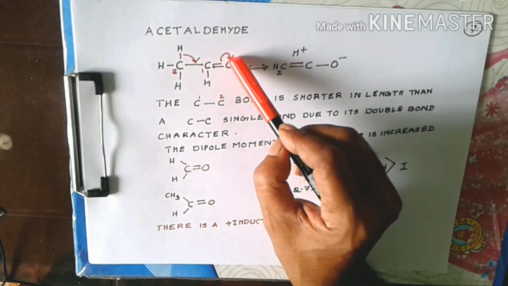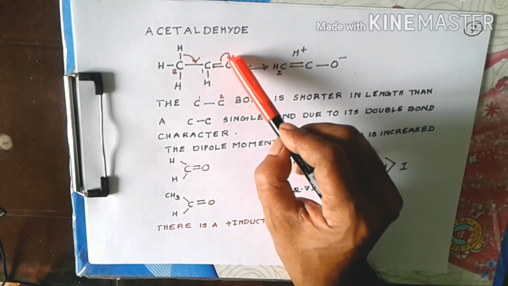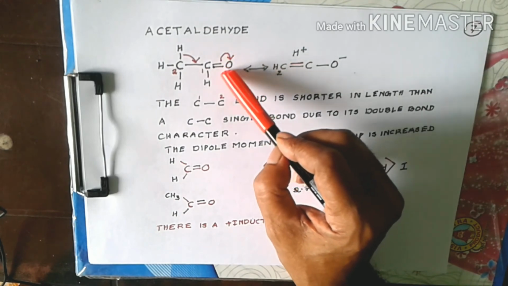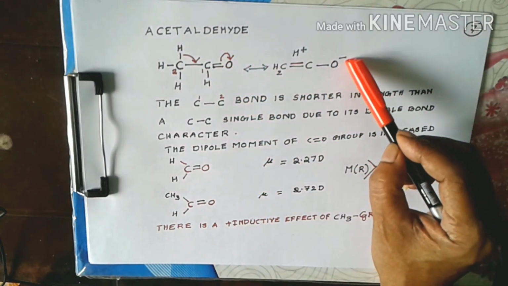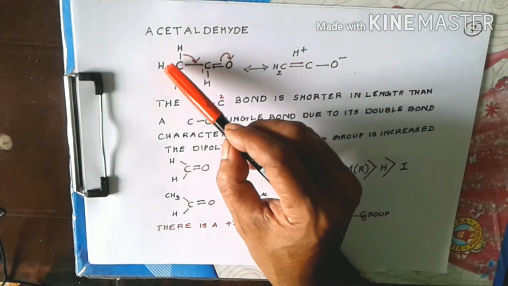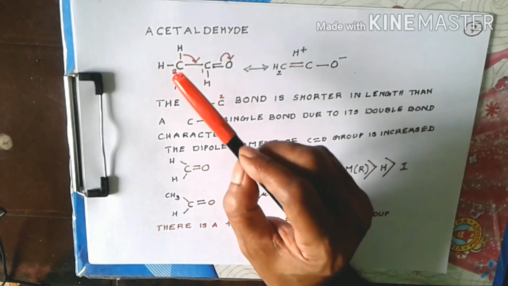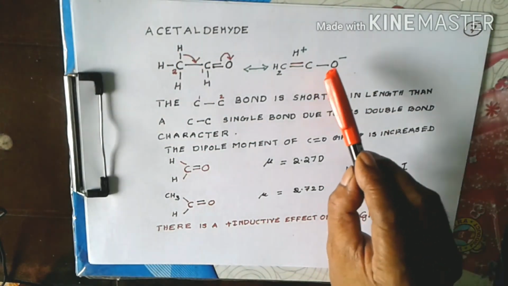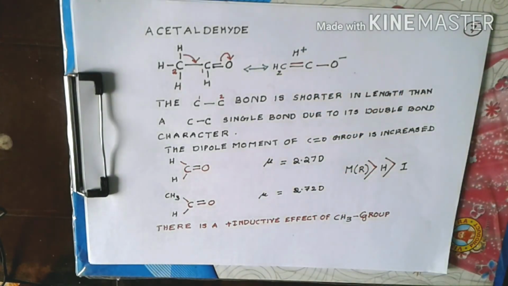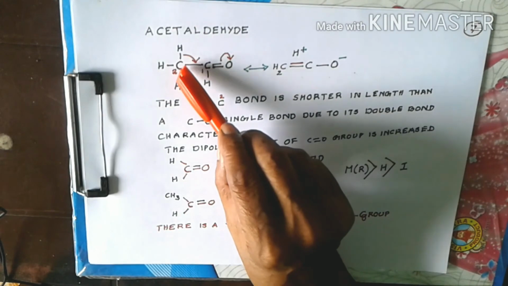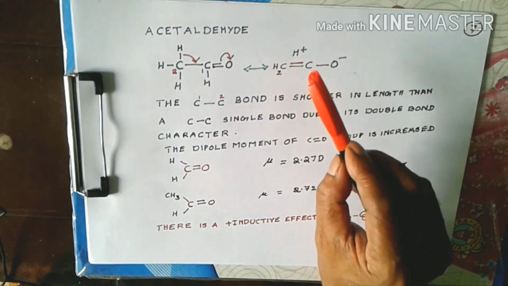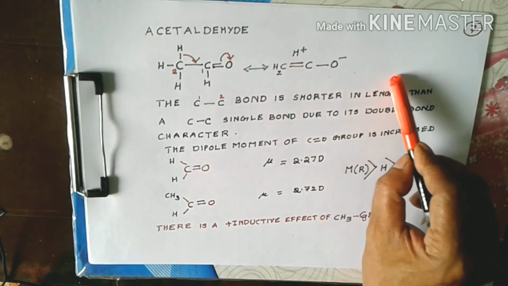This bond will polarize over the oxygen atom, ionizing, so that the pair of electrons in the pi bond will go entirely into the orbital of oxygen, giving a negative charge, and hydrogen will be left with a positive charge. Since there are three CH sigma bonds, we say 3 such canonical structures are possible. Again, the C1 to C2 bond will have a partial double bond character due to these 3 canonical structures.